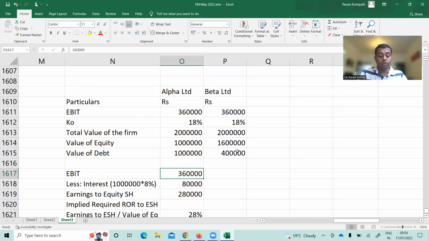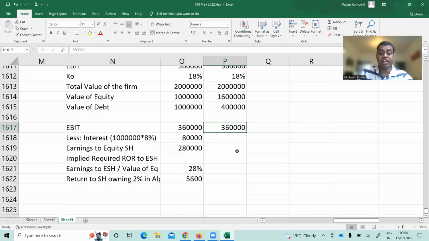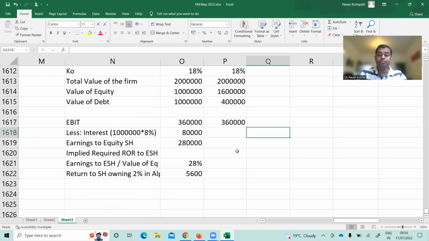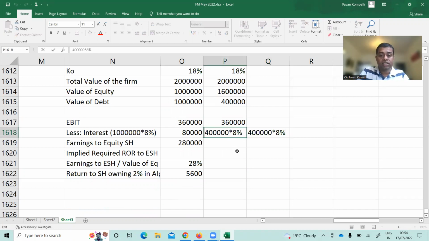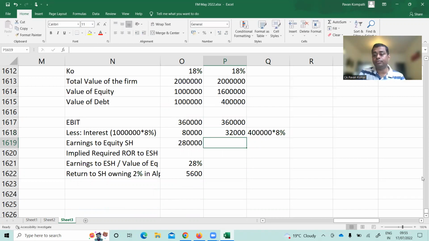Now here you will take this 3,60,000 EBIT. Interest, how do we calculate? 4 lakhs into 8%, isn't it? So now your debt is only 4 lakhs. 4 lakh into 8% must be 32,000. So this minus this, 3,28,000 is earnings to equity shareholder.